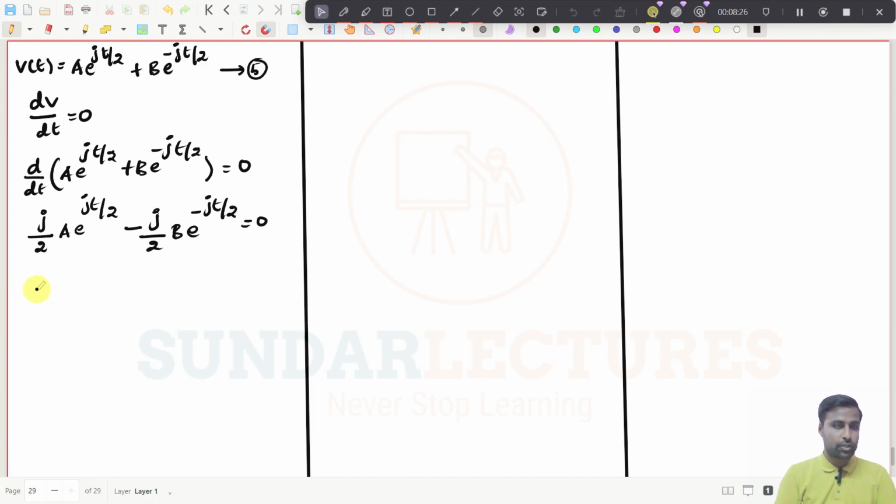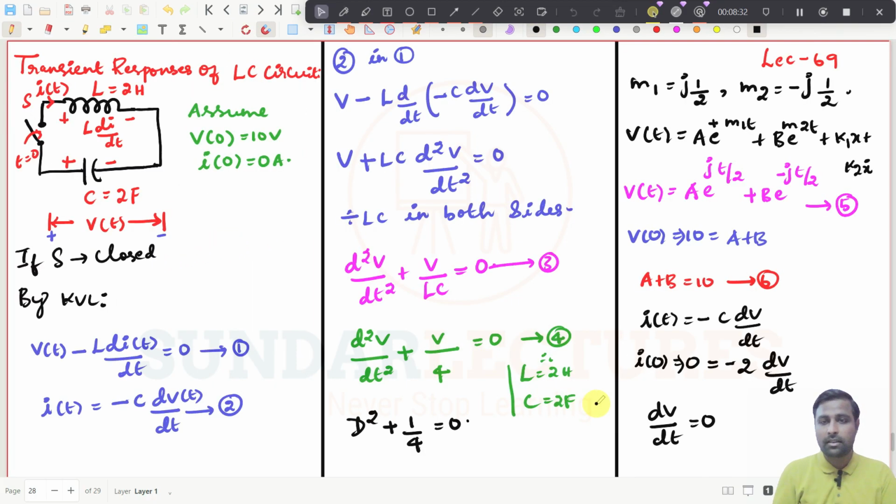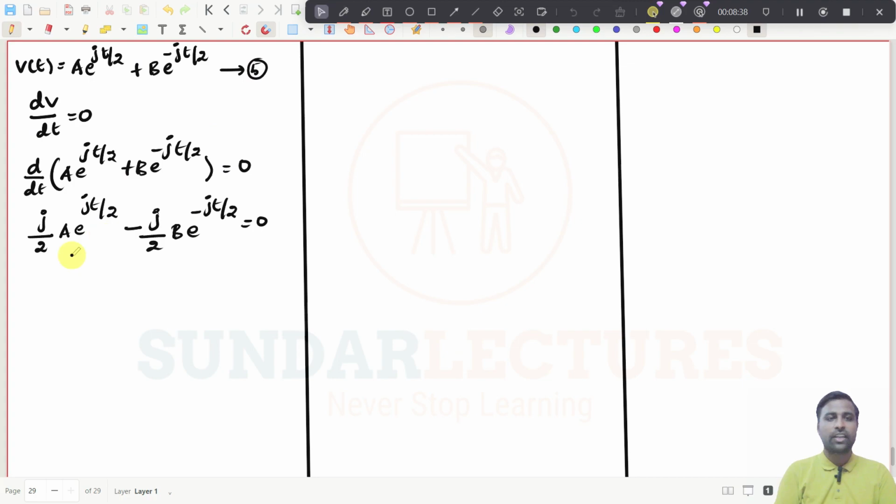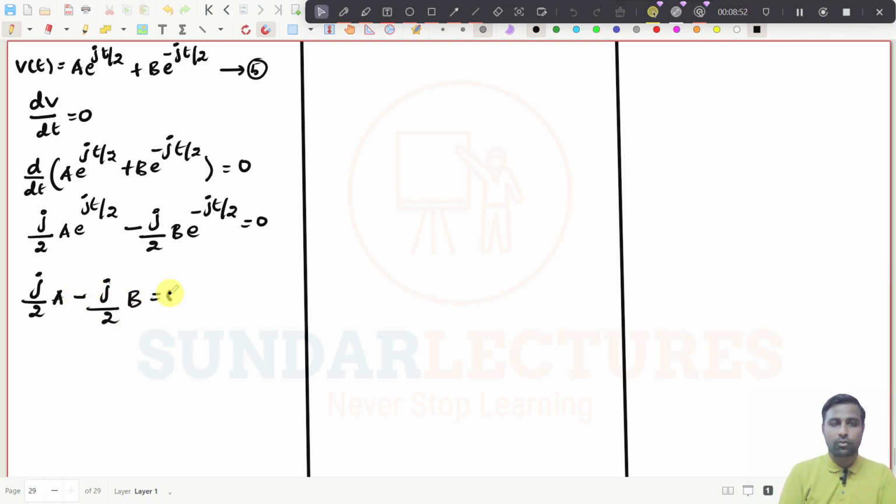And we know the i of 0 value, right? Because if you substitute t equal to 0 in this expression, that should be equal to 0, that is what we have seen. So i of 0 will be 0, then I need to substitute the value of t as 0 here. If I substitute t as 0, what I will get is j by 2 a, because if t is 0, then everything becomes 1, minus j by 2 b, and that should be equal to 0.